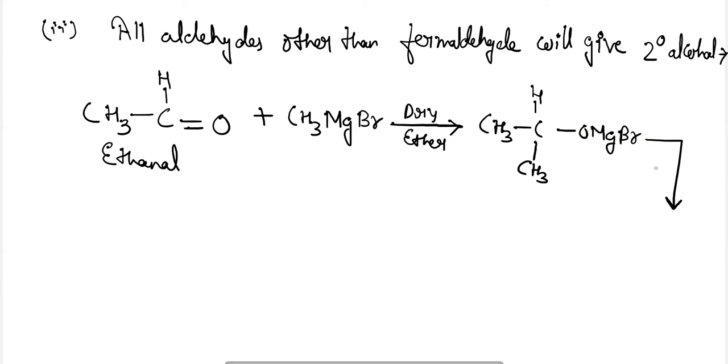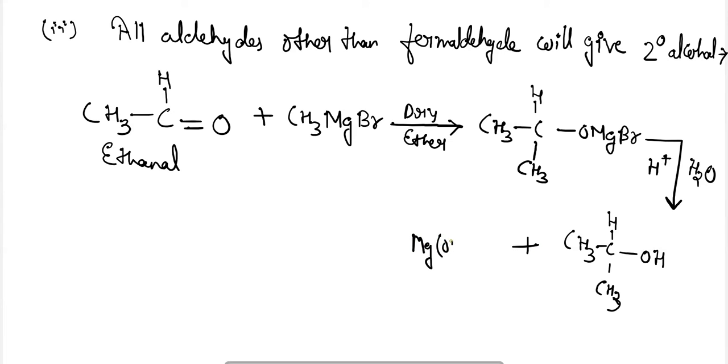Then on the hydrolysis of this addition compound, the alcohol, that is secondary alcohol, plus MgOHBr will be formed out.